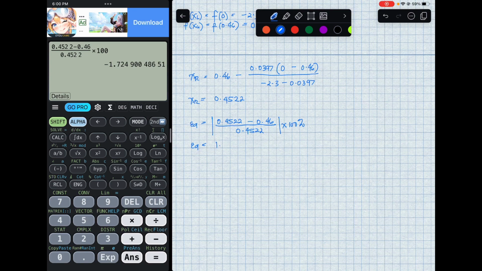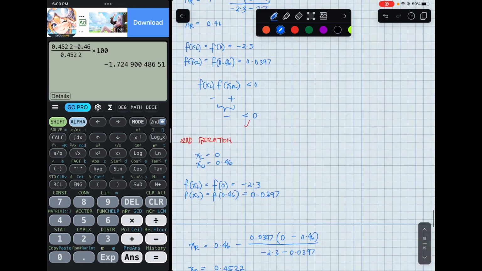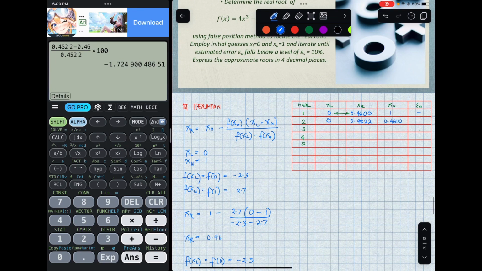So the error is approximately 1.72%. So it's already below the accepted value of 10%.